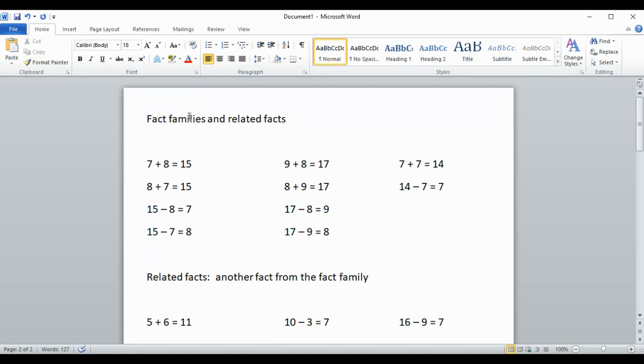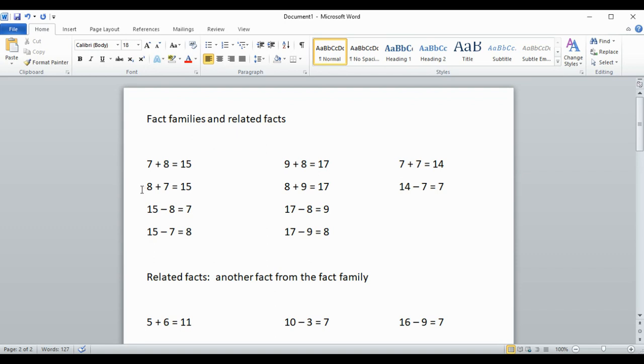Fact families usually have 4 math problems in them, and there's 2 addition problems and 2 subtraction problems. Now, I say usually because we're going to come over here and see when there's a difference. But you'll notice that in this family, there are 3 members, a 7, an 8, and a 15.